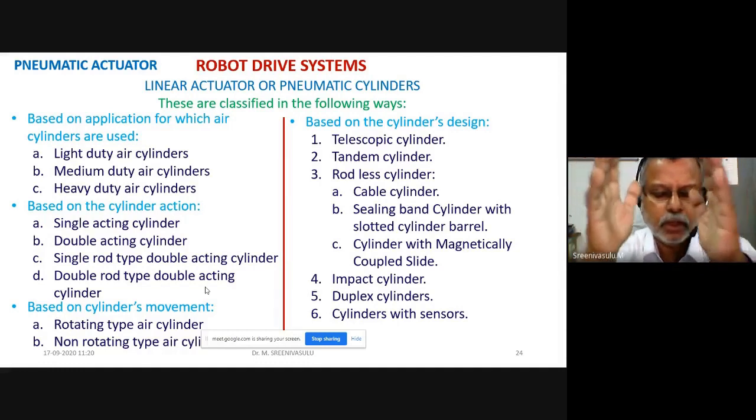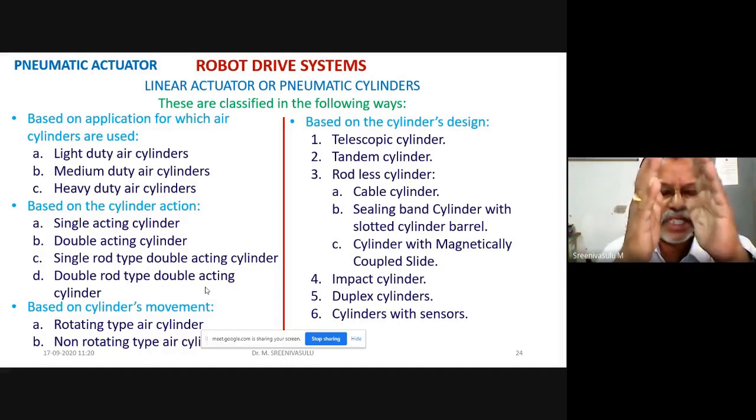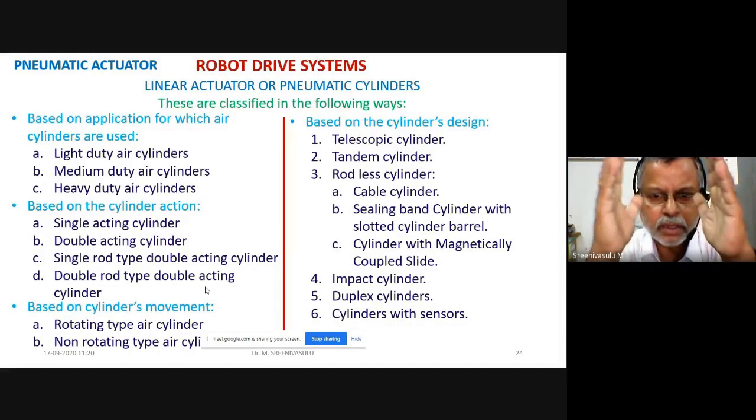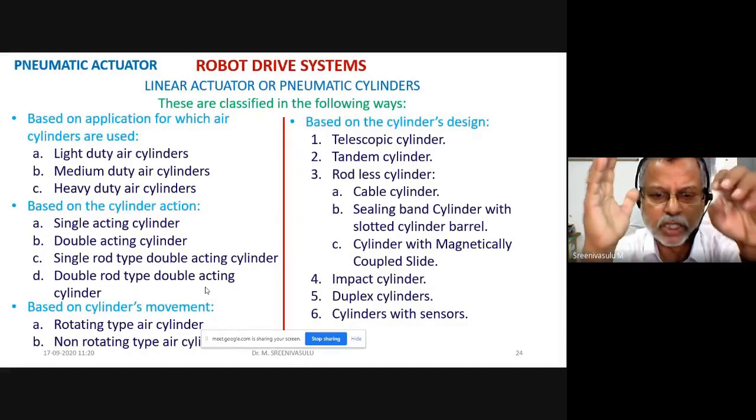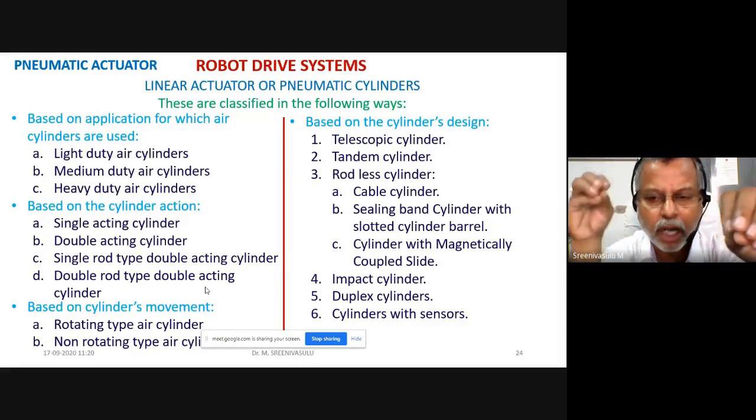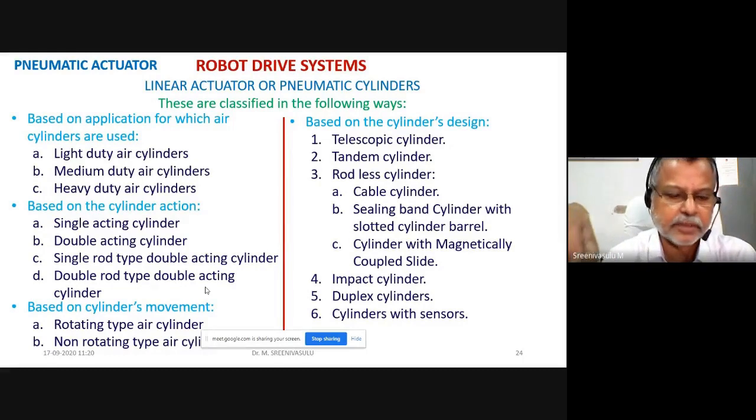Maybe you can categorize those sides as left side and right side. Pressurized air is going to be admitted either onto the left side or onto the right side. Such a situation is referred to as single acting.